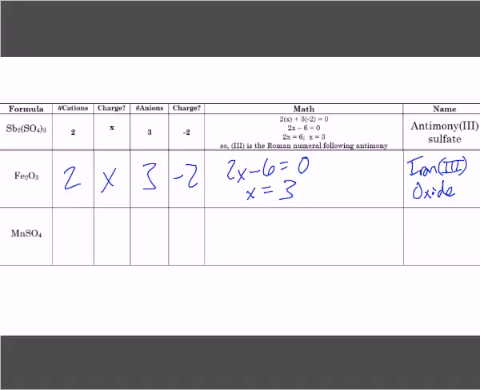This is where drawing your lines to separate out your anions is crucial. Anybody want to take a stab at this name? Graham. Yeah, this is manganese 2 sulfate. The one that can trip you up is if you just automatically look and see oxygen.